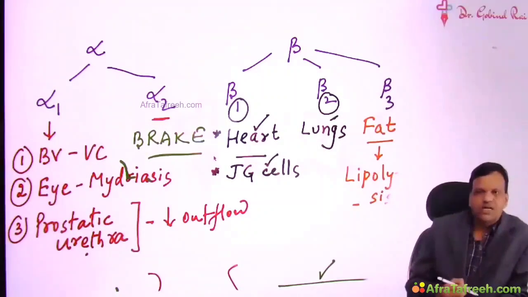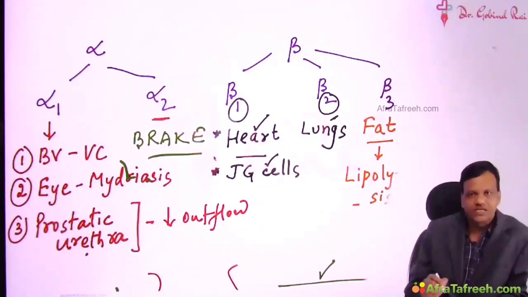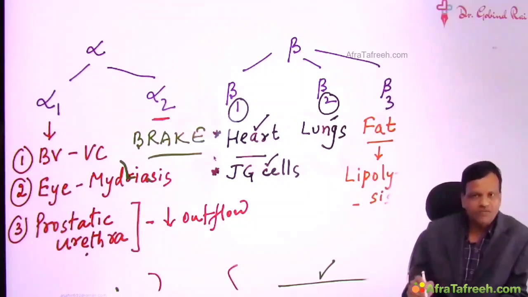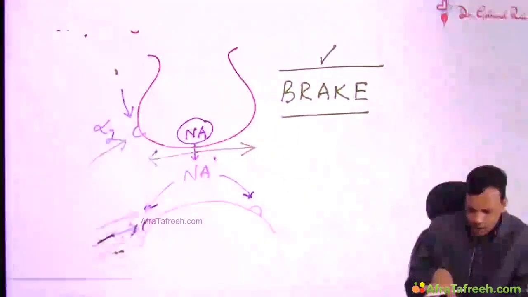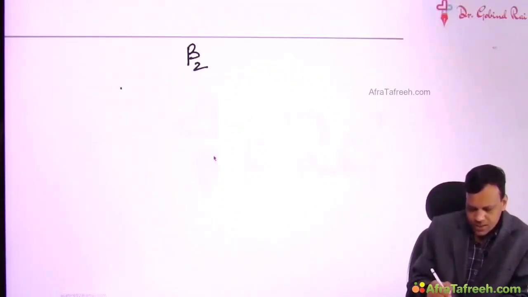Whereas beta 2 receptors are present at most locations, including the lungs. If you remember, in parasympathetic system we discussed M1, M2 and M3 receptors. The last receptor was present everywhere. So similarly here in sympathetic system also, the last receptor, which is beta 2, is present everywhere. So first we'll write the important locations where beta 2 is present. Beta 2 is present in the lungs, means bronchus.